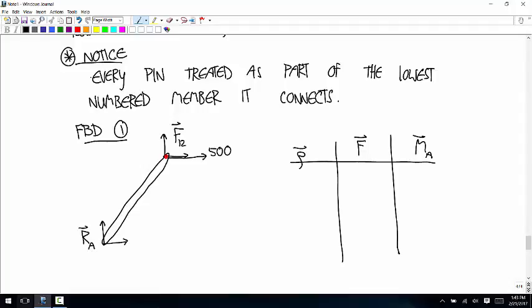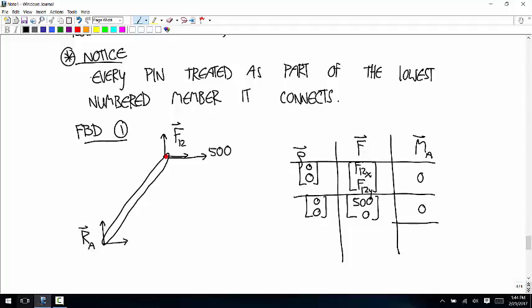So I'll start at these two forces at the top. The row vector is 0. First I'll do F12. And the cross product 0. And then the 500 Newton force, the row vector 0 again. The force is 500, 0. Cross product is 0.